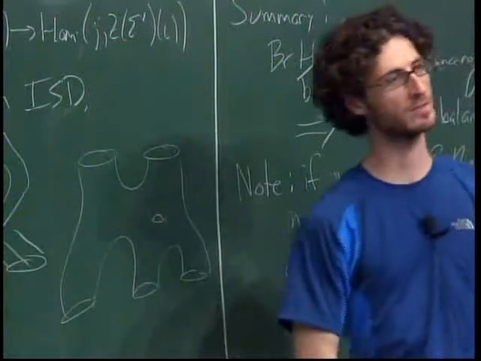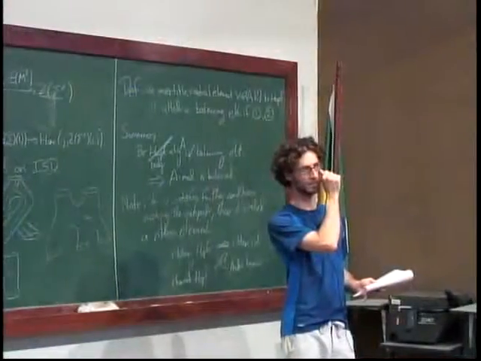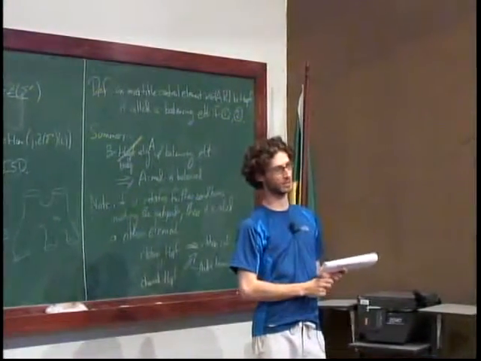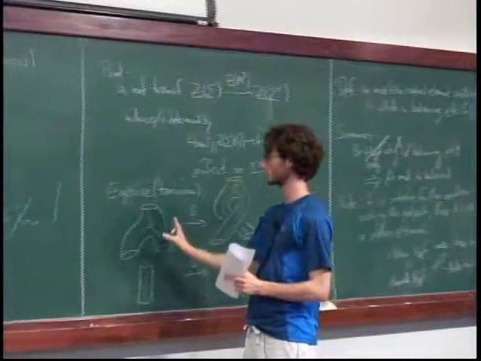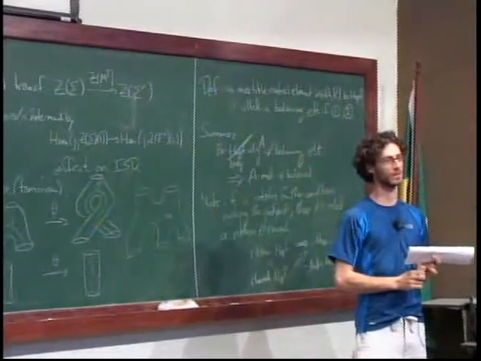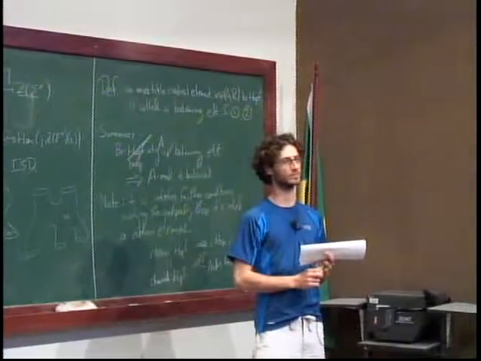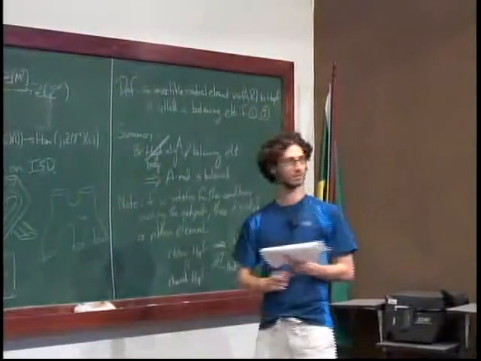So what are you asking before I start drawing random pictures? I don't understand how you come up with the string diagram. You have to consider all possible strings? All possible string diagrams. So the claim is that all possible string diagrams are spanning the vector spaces that determine these boardisms. For a given boardism, how do I know I have all of them, or how do I understand all of them?